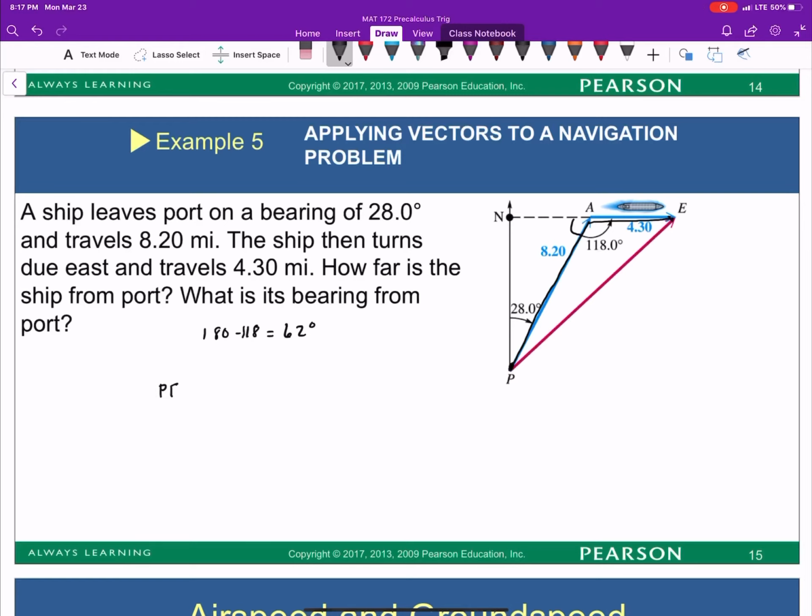So we're going to have the magnitude of PE squared is equal to 8.2 squared plus 4.30 squared minus 2 times 8.20 times 4.30 times the cosine of 118.